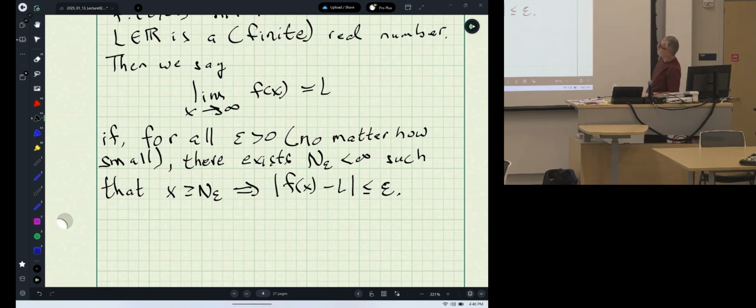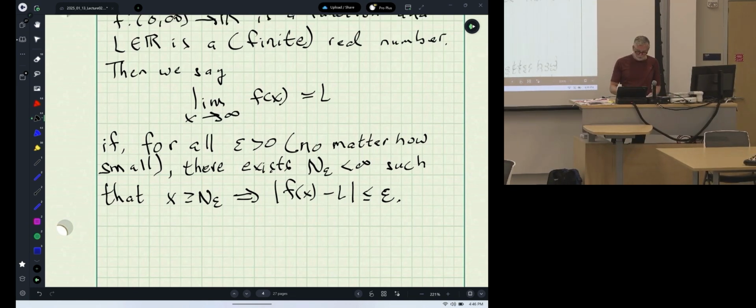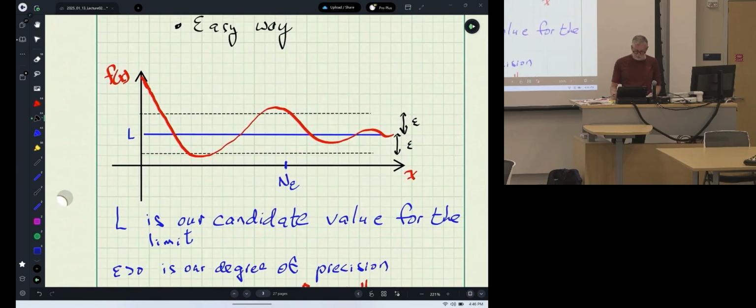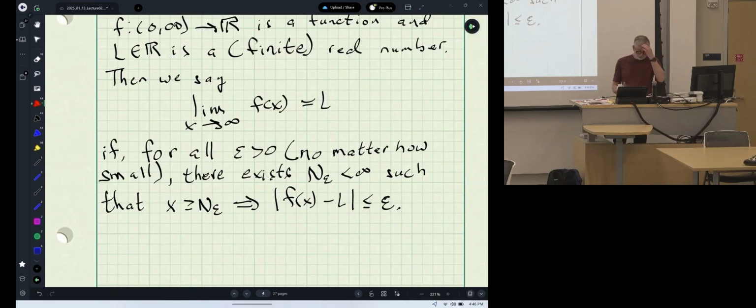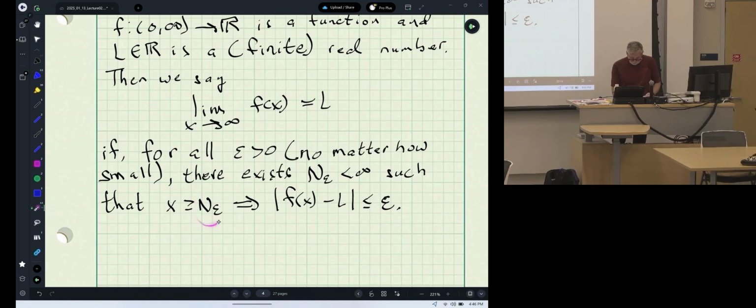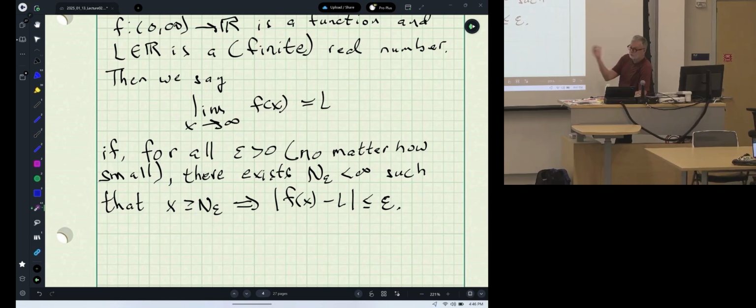Okay, so going back to our picture. Here we could choose n epsilon, and if somebody else came along and chose their n epsilon here, would that still be okay? And to answer that, let's just notice that if you find a bound for this that is true, and you replace it by 10 times that, then it's still true.